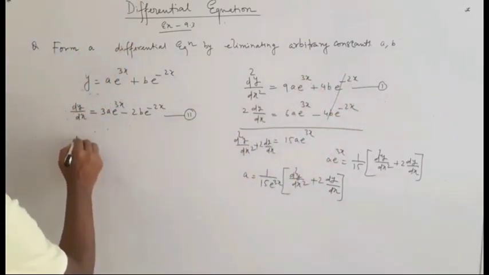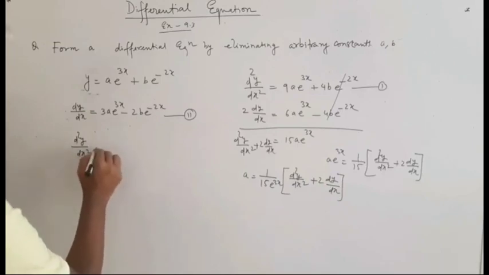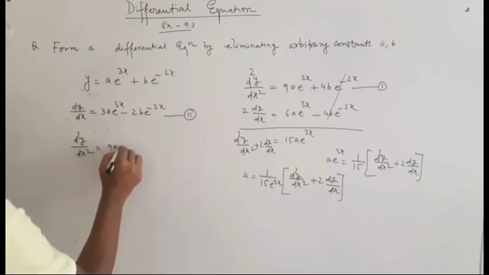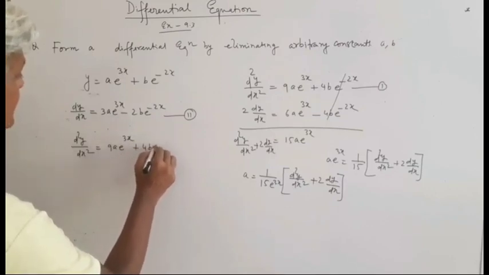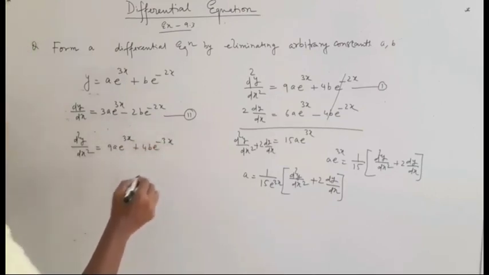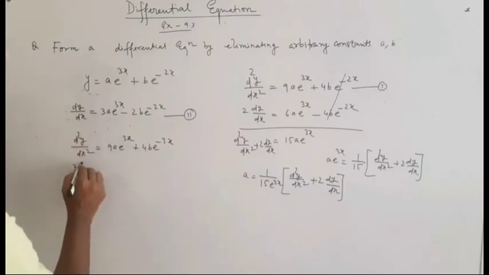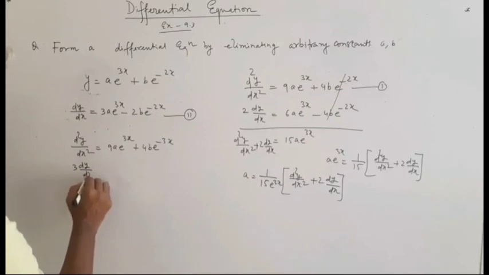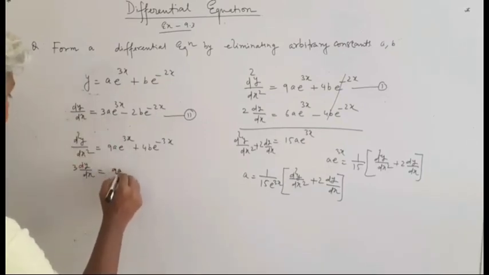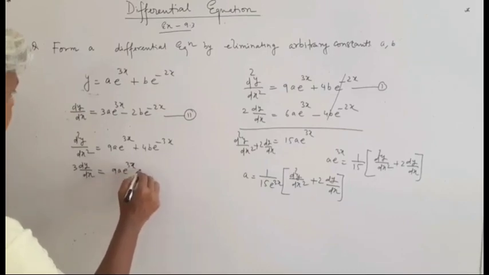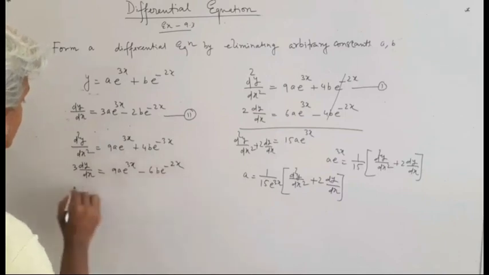So I write d square y by dx square is 9a e to the power 3x plus 4b e to the power minus 2x, and there I write 3 times this. So this is 3 dy by dx equals 9a e to the power 3x minus 6b e to the power minus 2x.